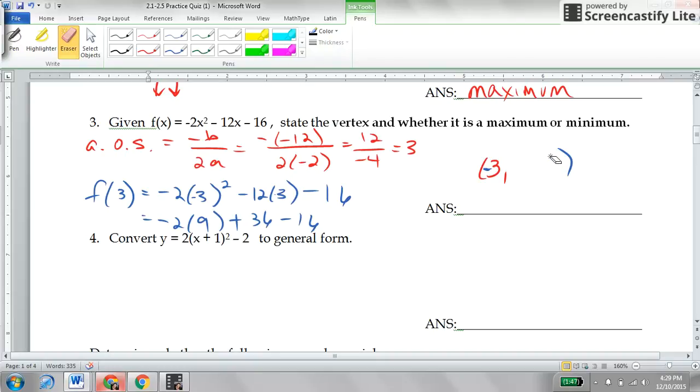So this is actually negative 18, plus 36 minus 18 minus 16 is 2, which is a lot happier. Again, to determine whether or not it's a maximum or minimum, that negative sign out front tells me it's upside down, so we are going to have a maximum again.